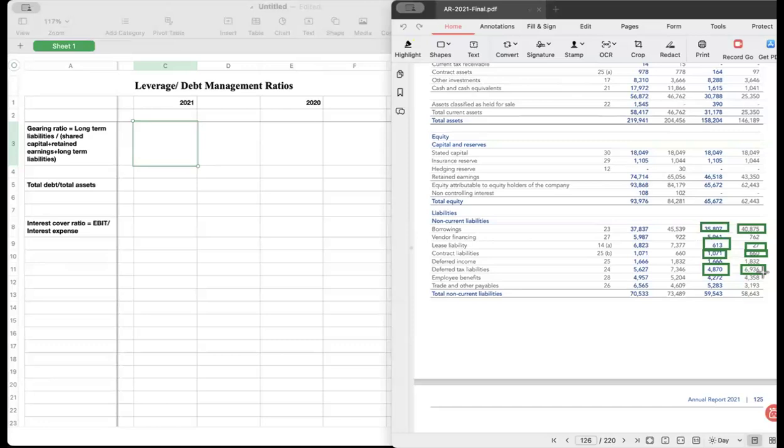So I'm going to use the calculator. 35,807, 613 plus 1071 plus 4870. 42,361.